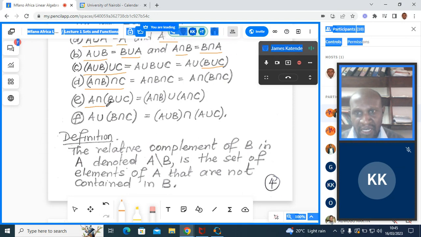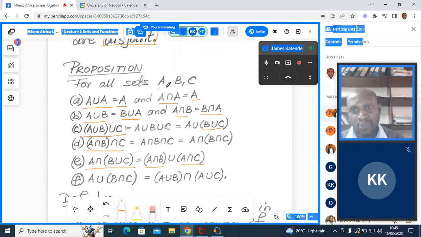And here we can say that intersection is distributive over the union. So A intersection B union C can be split into A intersection B and A intersection C. So this can also be another good exercise for you to try to prove these properties.